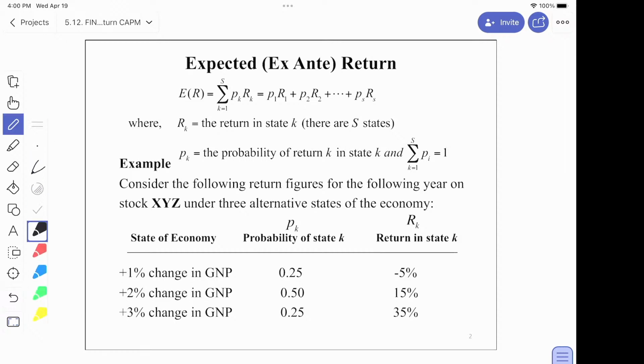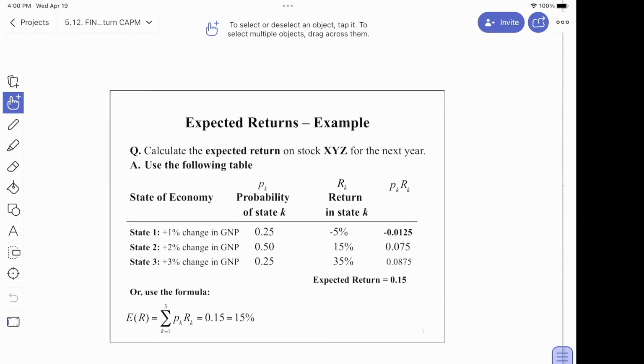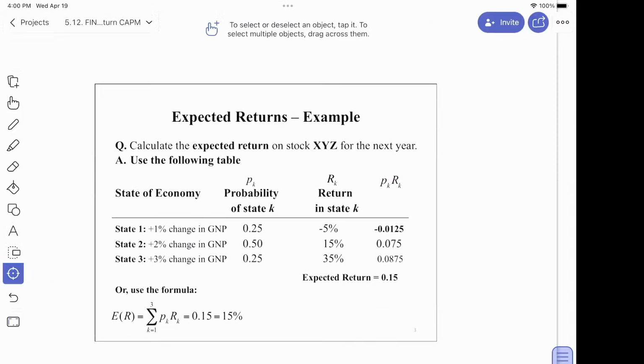Just to note, this is a proper allocation or distribution because the total of the weights is 1. So to calculate the expected return when the data are like this, you just multiply each of the possible outcomes by their weight and you sum them. So the expected return for this stock from XYZ company is 15%.